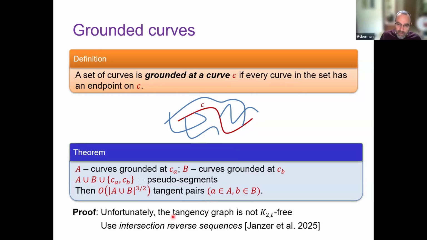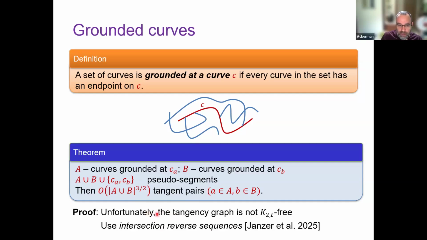And usually when you see this bound 3 over 2, then you show that the tangency graph in this case is K_{2,3}-free, but not in this case. Here we had to use a different result about intersection reverse sequences.